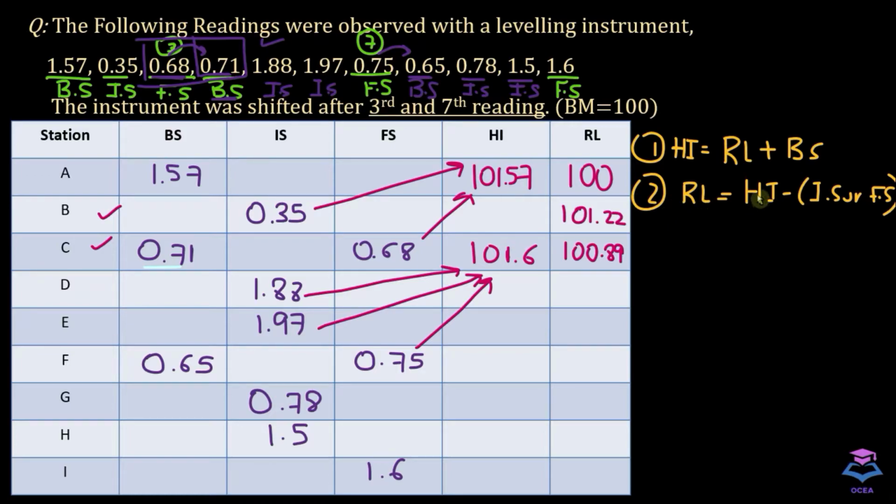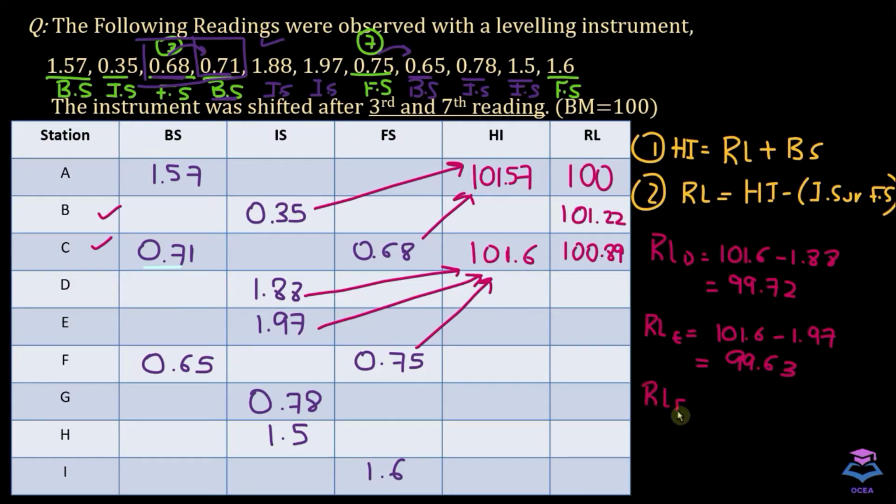We can see reduced level is equal to height of instrument minus IS or FS. So the reduced level at D point is coming out to be equal to 99.72. And reduced level at E point is equal to 99.63.